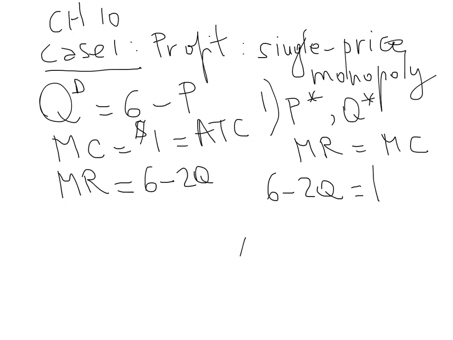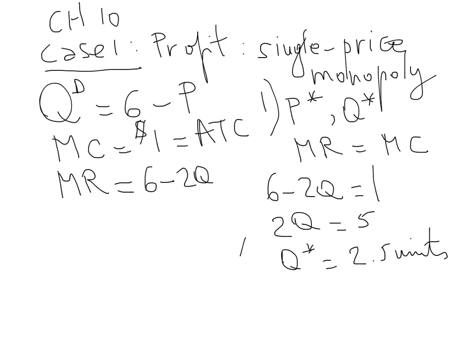We just solve for Q. 2Q equals 5, so Q star is 5 divided by 2, which is 2.5 units. That's my Q star.